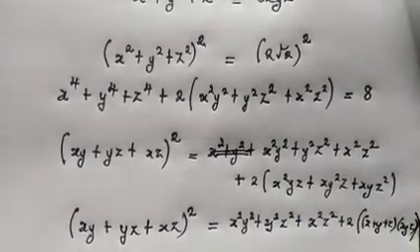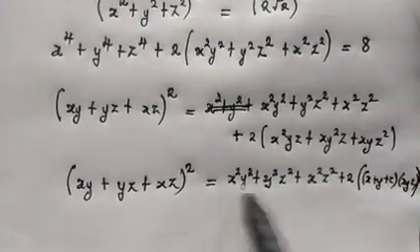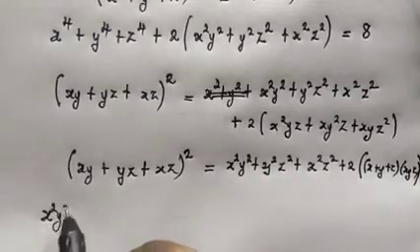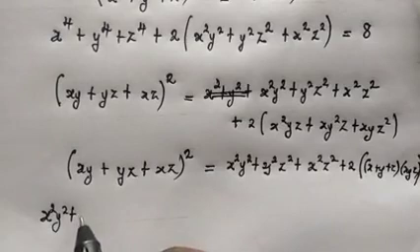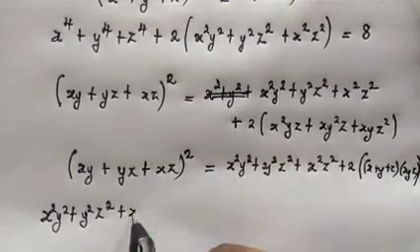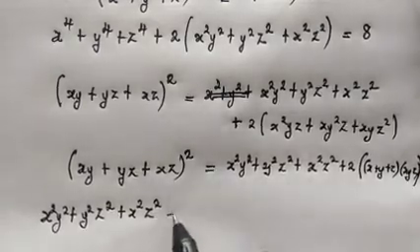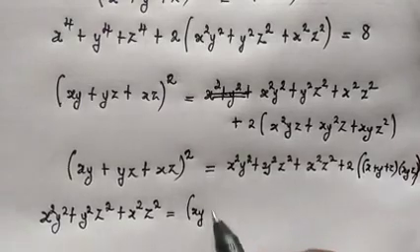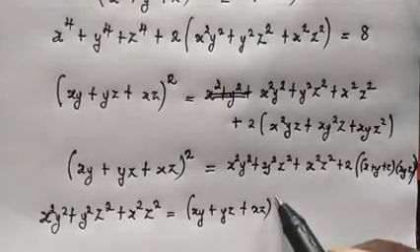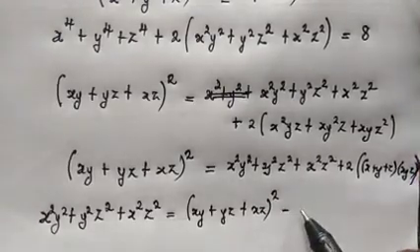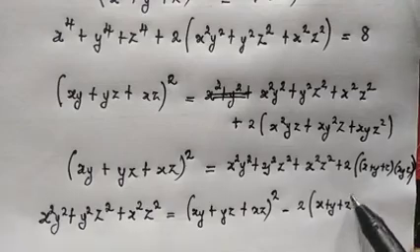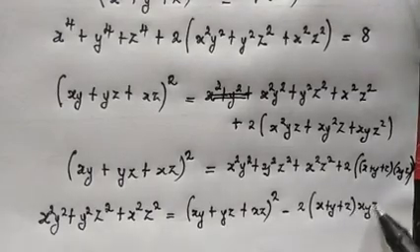You get the idea? Okay, so now we can make this the subject. By doing so, we get x squared y squared plus y squared z squared plus x squared z squared is equal to the expansion xy plus yz plus xz squared minus 2 into bracket x plus y plus z multiplied by xyz.